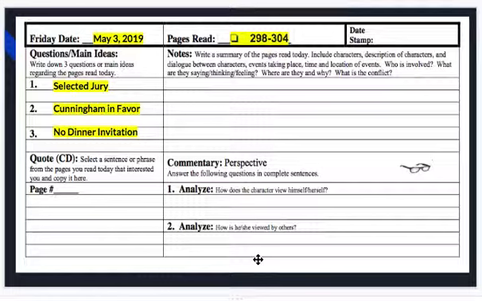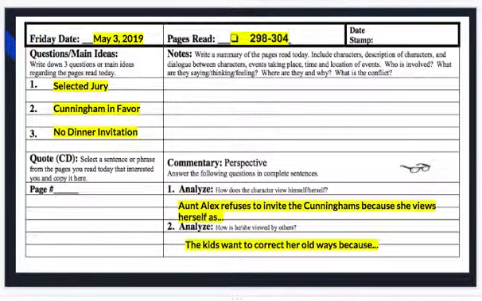Ooh, right there, guys. In this book, it is not only discrimination against color, against gender, as we read in the last chapter, but now, obviously, there is discrimination among the classes. So let's go ahead and move on to the next component in your commentary. I'd like you to find a quote that shows Aunt Alex showing discrimination.